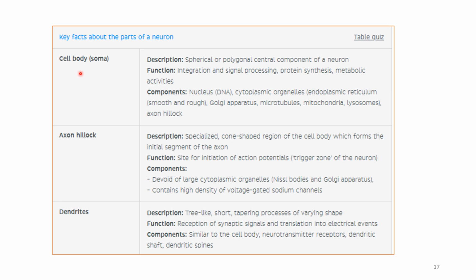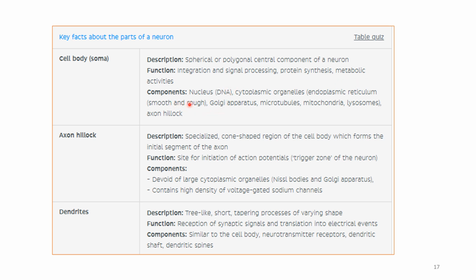Coming first to the cell body or soma. It is spherical or polygonal and present in the center of the neuron, the central component, and in the center of the dendrites. Its function is to integrate and process signals, synthesize proteins, and it is involved in metabolic activities.